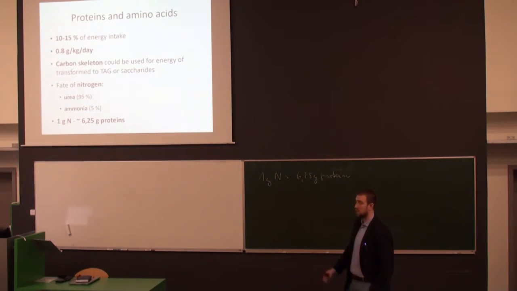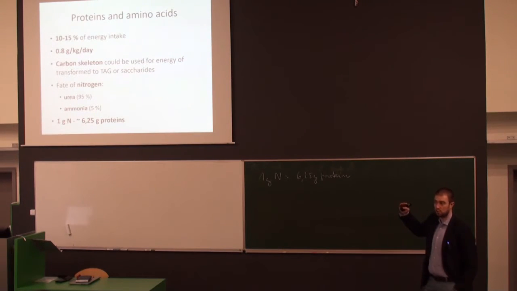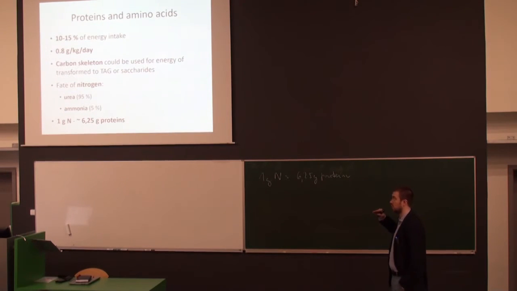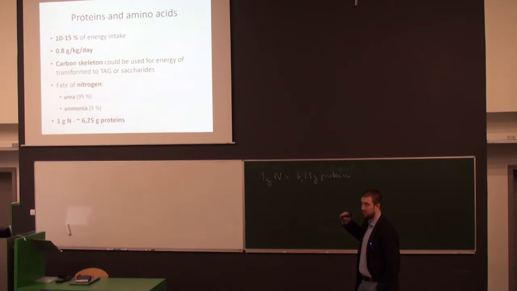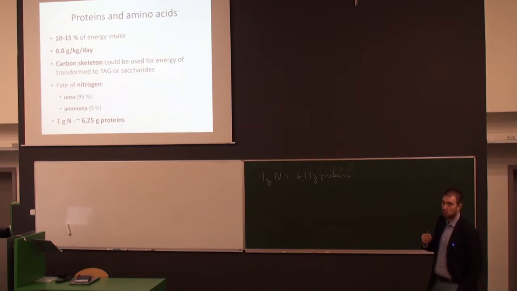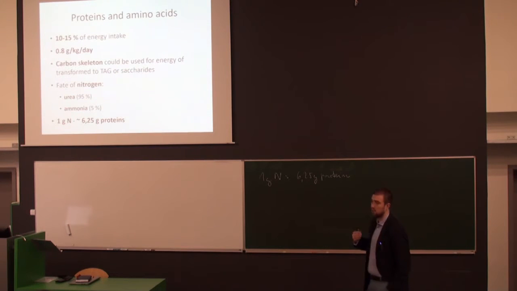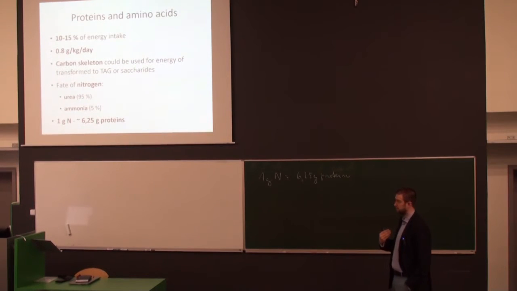That means if you eat a lot of proteins, more than you should, then these proteins are not stored in your body in the form of proteins, also not in the form of amino acids, but typically they are transformed to fat, and they are stored in the adipose tissue in the form of triacylglycerols. So your body is able to convert the excess of amino acids in the diet to storage fat.